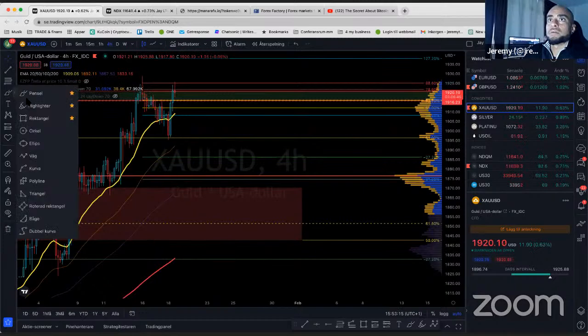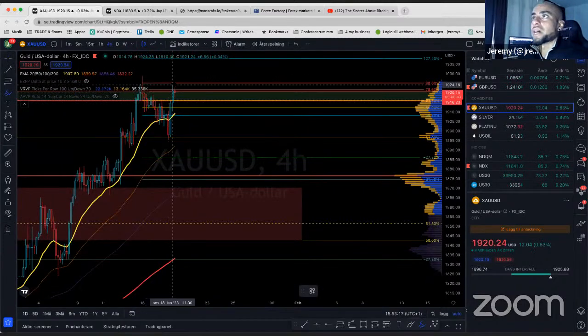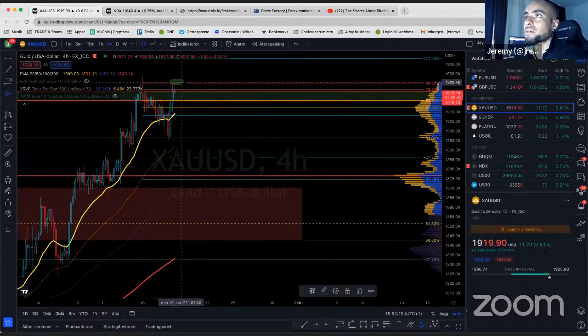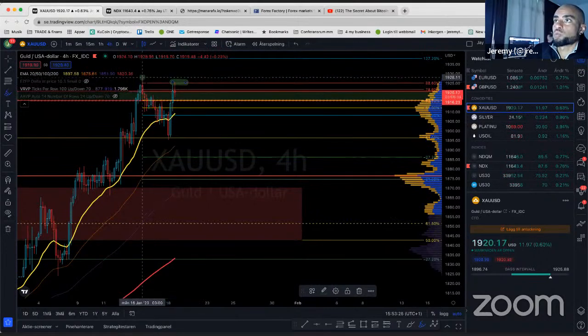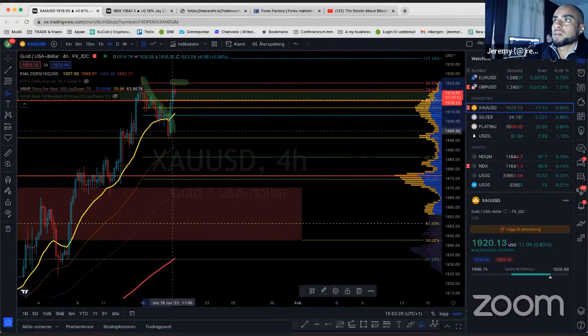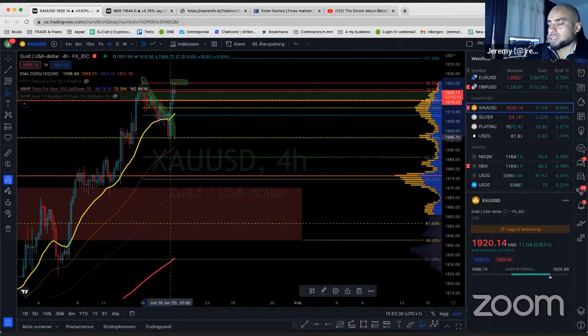We see that the market came up here. As you guys can see, it resisted the 88.6 retracement of this swing. This is the swing I'm looking at, from that top all the way to this bottom, all right?